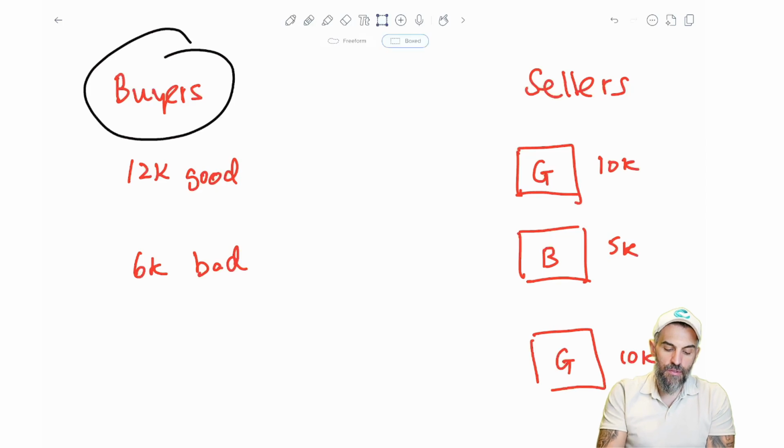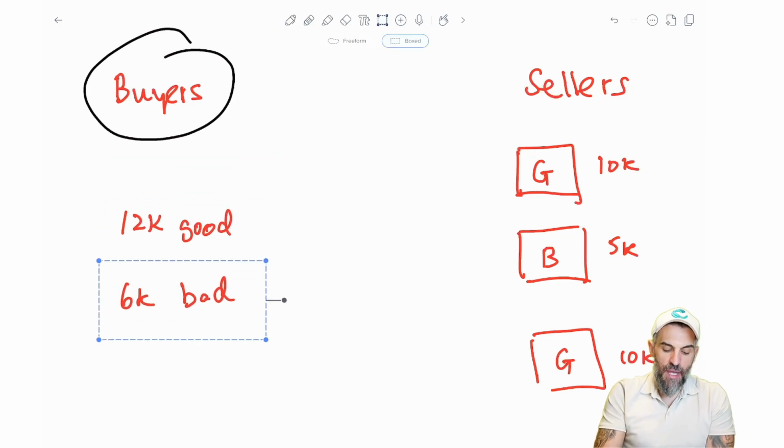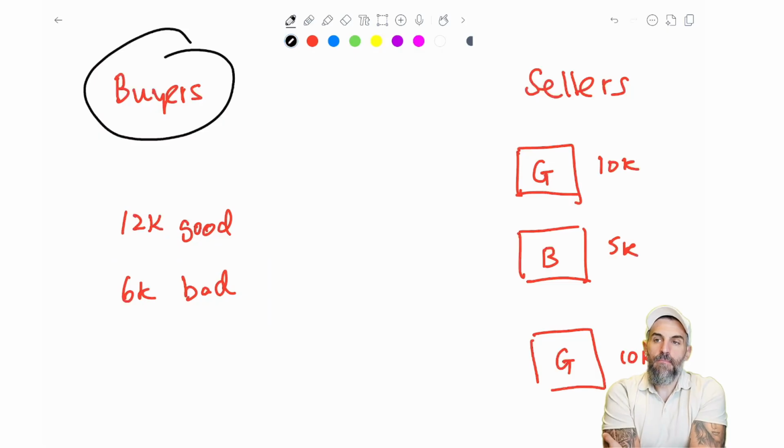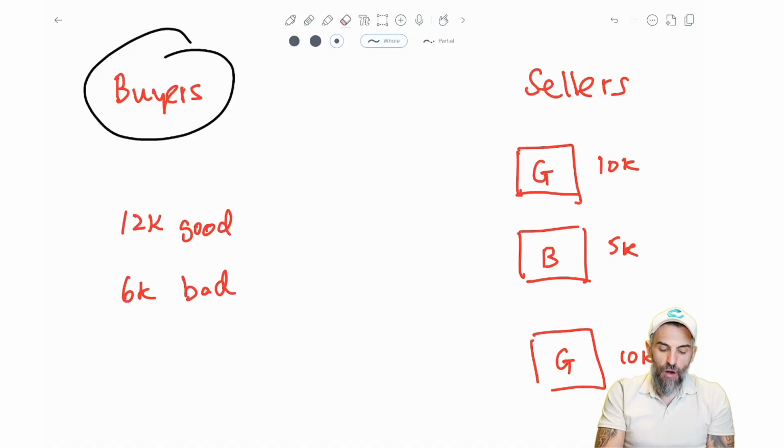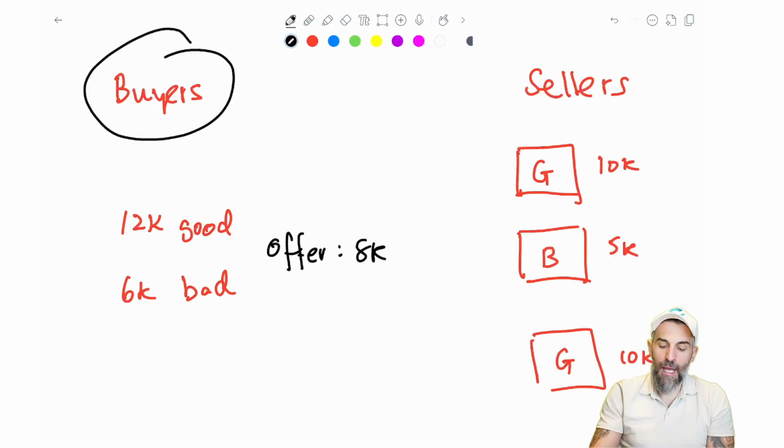So what do they do? Well, they need to hedge their bet and say, well, look, I don't know which one the good or the bad car is. So to play it safe, I'm just going to offer the middle of my range here. And let's say I offer 8,000. Well, what's going to happen is the seller is not going to sell you the $10,000 car.